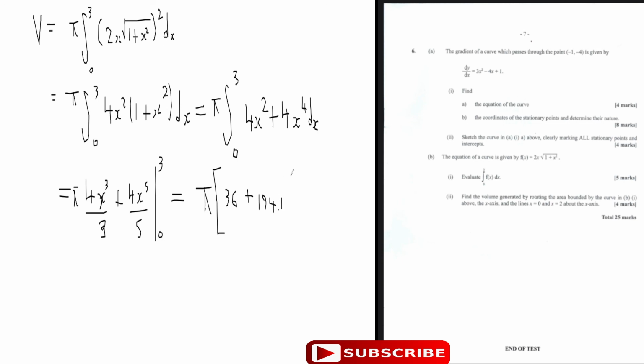And so you add those together and you get the volume. So when you finish, the volume is going to be 194.4 plus 36, which is 230.4 pi. And remember, volume is in units cubed.